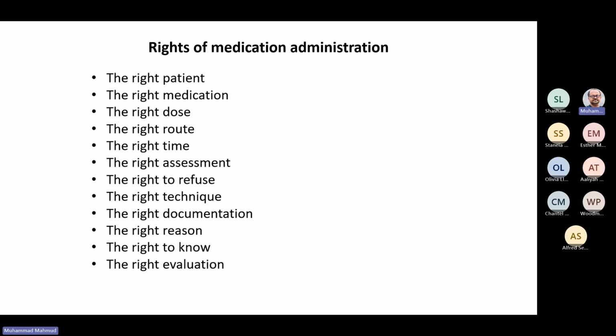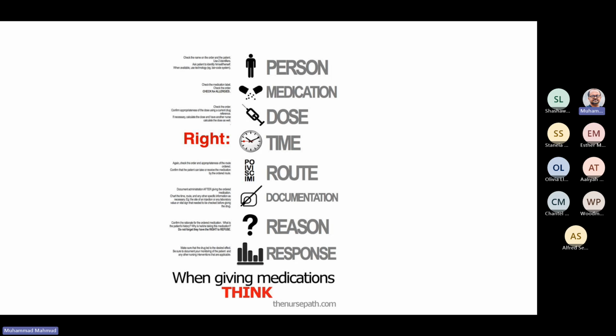Medication administration, you are the person who is in charge, but there are some rights to follow. Among so many of those rights, if you know at least first six, that will be enough for now. Like this one, right person. We have to know whether this is the right patient. We have to check their ID, at least their first name, last name, date of birth, ID number.